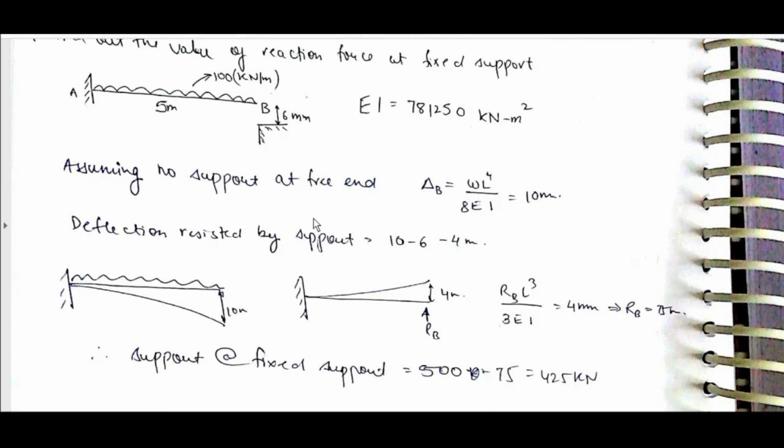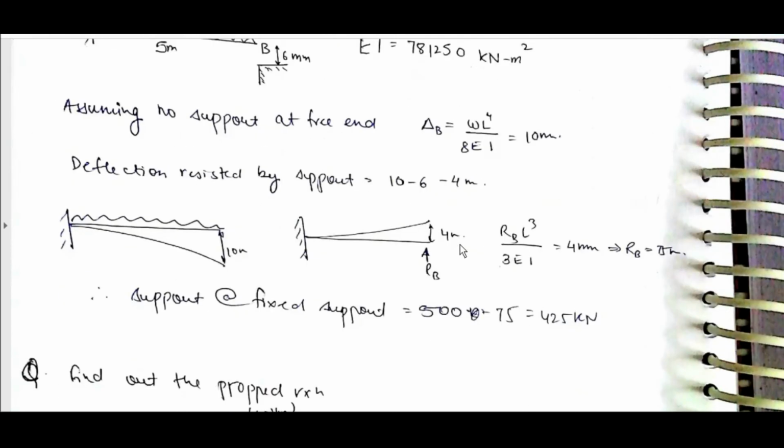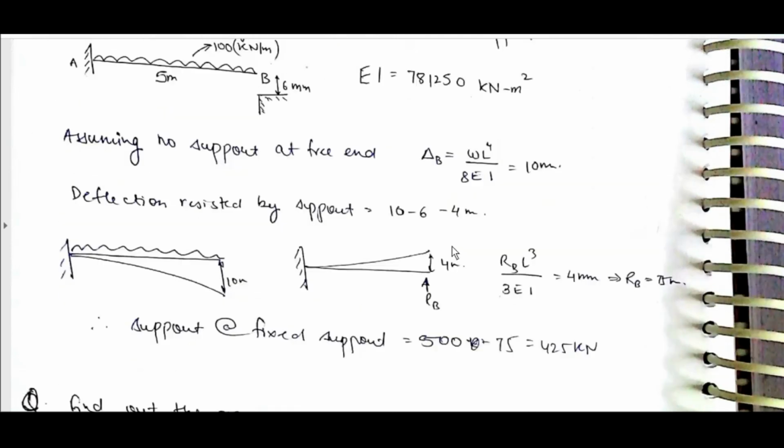Assuming no support at free end, delta B is equal to WL power 4 by 8EI is equal to 10 mm. Deflection resisted by support is equal to 10 minus 6 is equal to 4 mm. RB into L, there will be a reaction generated. RB L cube by 3I is equal to 4 mm. Then RB is equal to 75 Newton.